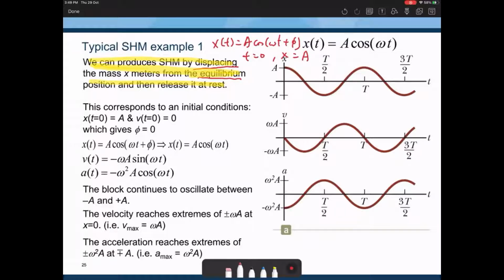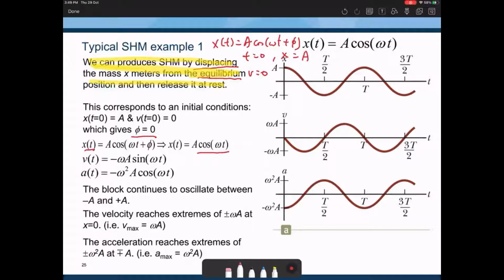And it is released from rest, so v is equal to 0. With such conditions, you will see that phi, the phase angle, has to be 0. So that is why you have the equation x(t) equals A cosine omega t. We start with the general solution and then try to fit in the numbers by putting in specific conditions. That is the idea.